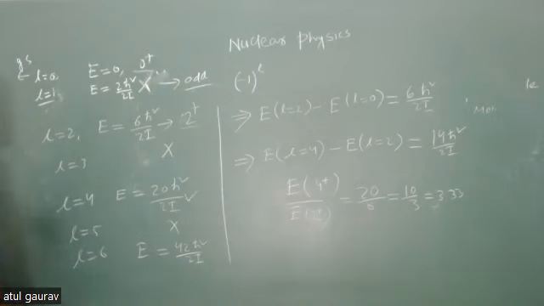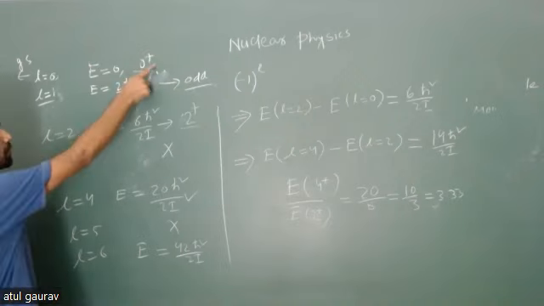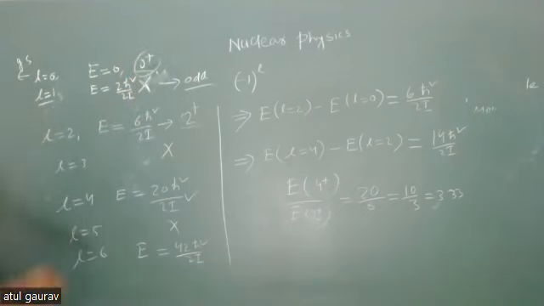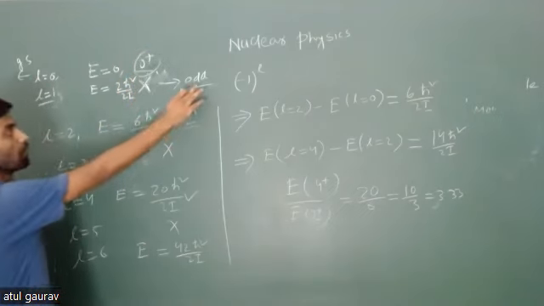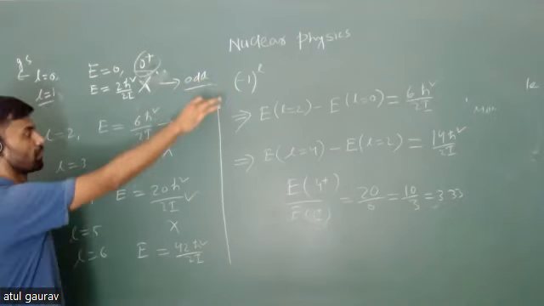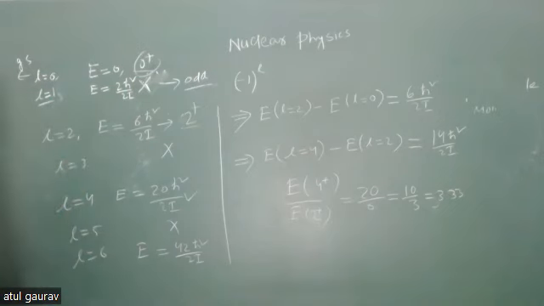Then they have chosen different L values. L can run from 0 to n. They have chosen the least value as 0, which corresponds to even parity. So they have taken this as the ground state. Then they started increasing, but L equals 1 will give odd parity, and experimentally it is not valid, so they have ignored that. Then they increased the L value and calculated different energy levels. Now is it clear to you?